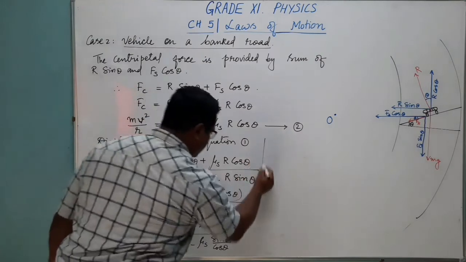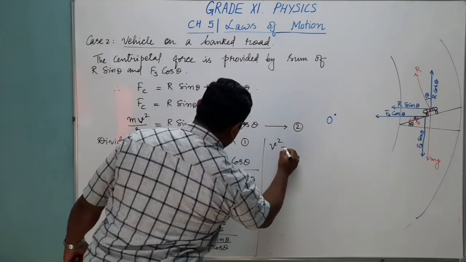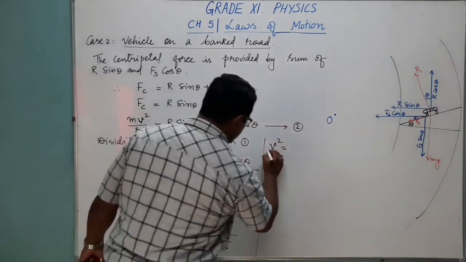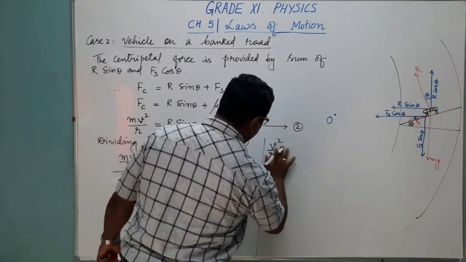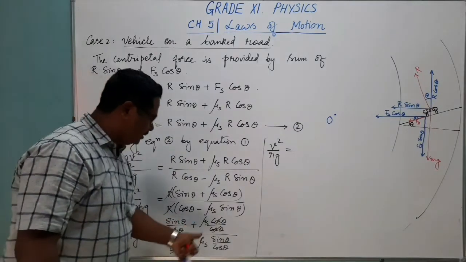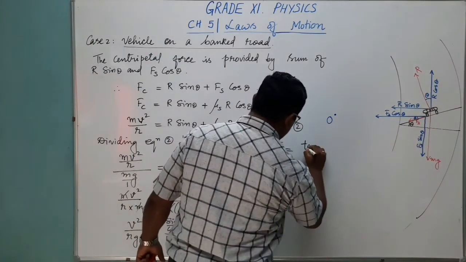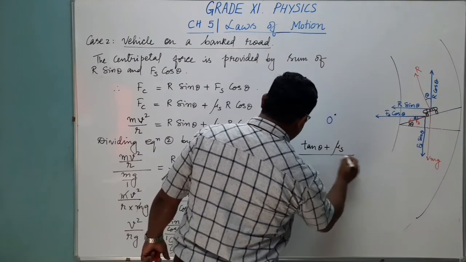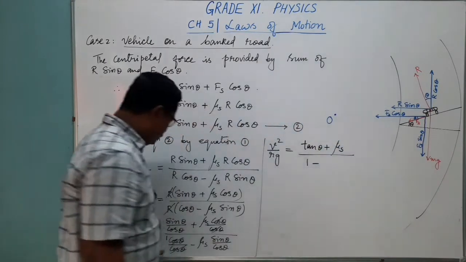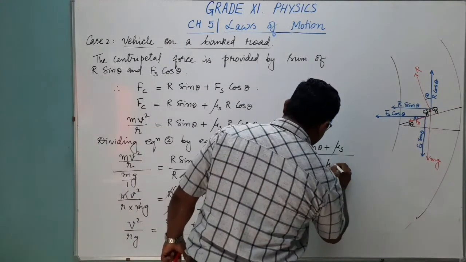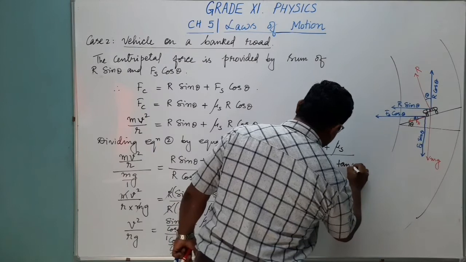So it will come out like this: v square by rg is equal to tan theta plus mu s divided by 1 minus mu s tan theta.